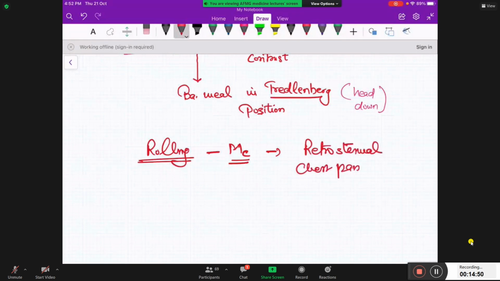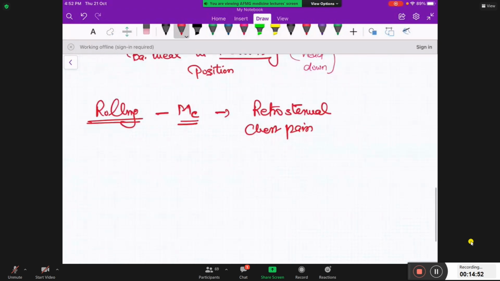An important point about this retrosternal chest pain: what was the nature of retrosternal chest pain in GERD? Burning type. Here it is a colicky type of pain.